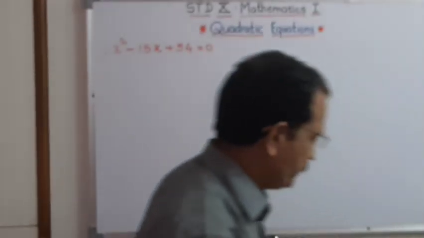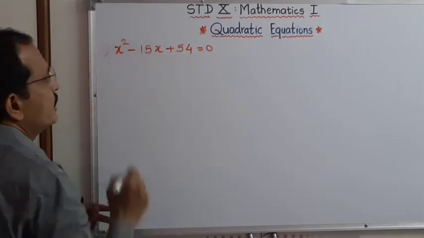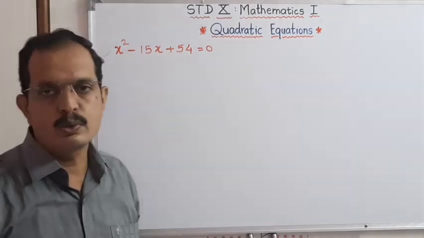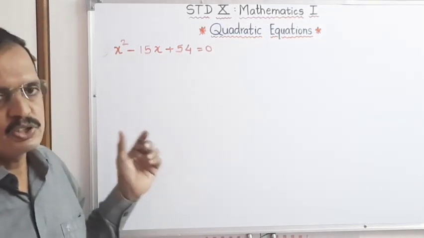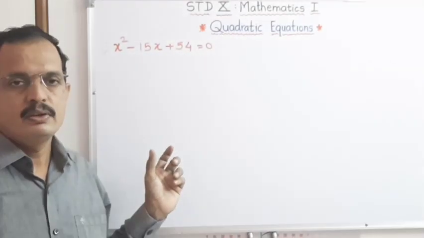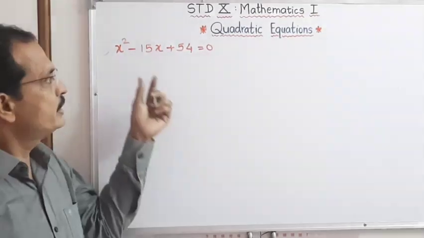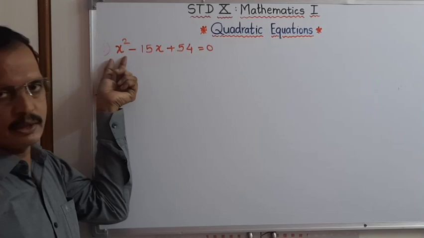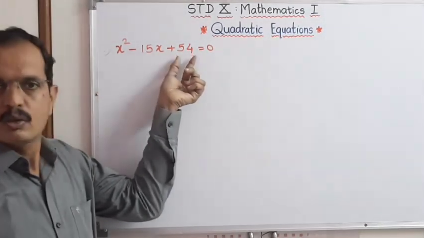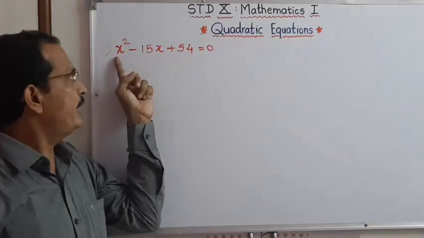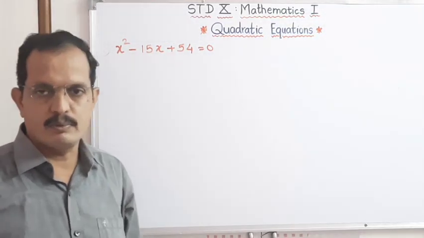See carefully, it is x square minus 15x plus 54 equal to 0. Now here, first of all, we have to decide whether this quadratic equation is in standard form or not. See here, this is the quadratic term, this is the middle term, and this is the constant term, that is ax square plus bx plus c equal to 0. It is in standard form.